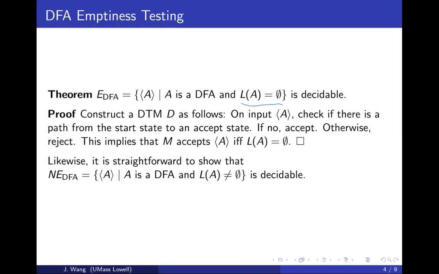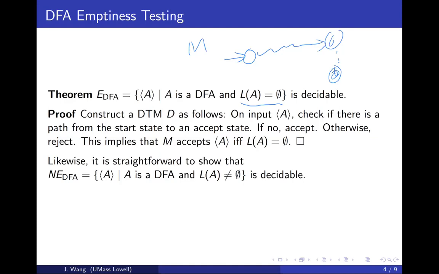That's easy to verify because, given a DFA M with a start state and a bunch of accept states, for each of these accept states I want to see whether it is reachable from the initial state. If it is, that means the DFA must accept something. So if there is such a path, I reject that input, otherwise I accept it.